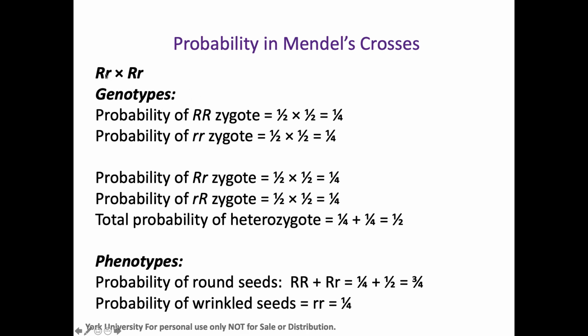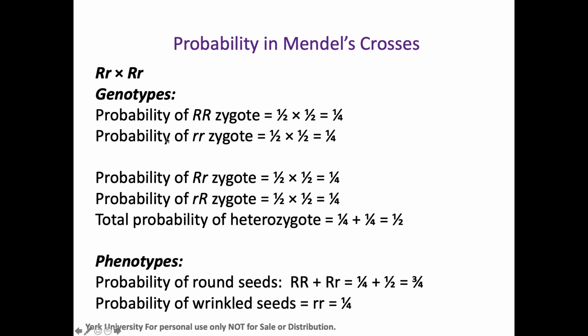The probability of receiving the round allele from either of these parents is 1/2, because half of the gametes in each case will have a round allele and half of the gametes will have a wrinkled allele. Thus, we're applying the product rule, 1/2 times 1/2, because we're looking at receiving the round allele from one parent and the round allele from the other parent, and so the probability is 1/4.